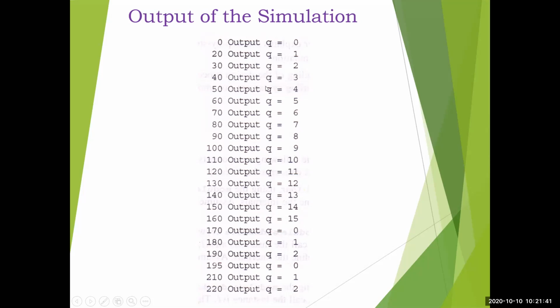At 40 it is 3, 4, 5, like that till 190, where it was 2. At 195 when reset becomes 1, q becomes 0. Then at 210 it is 1, at 220 it is 2, and like that it restarts here. So this is about the parts of a simulation, the design block and the stimulus block.